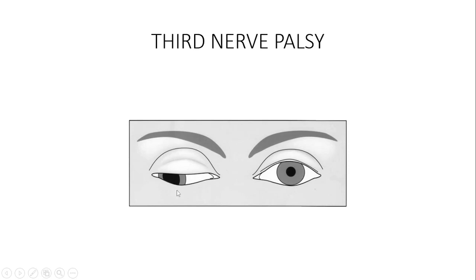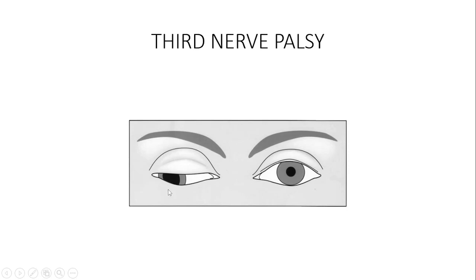Again, it has parasympathetic fibers. Okay, it has pupillomotor parasympathetic fibers that serve the pupil. To be more specific, there are two muscles within the pupil, the constrictor pupillae muscle and the dilator pupillae muscle.